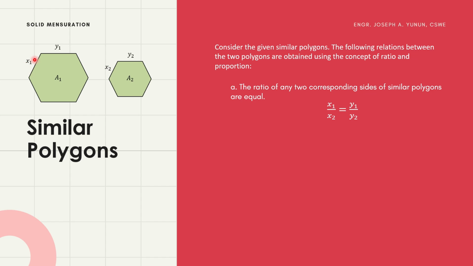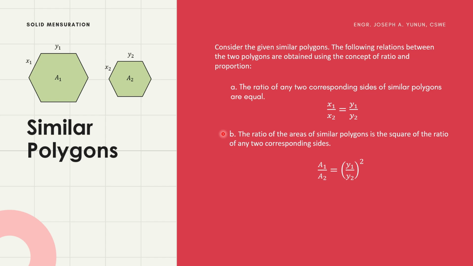Okay, so let's say x1 and x2 and y1 together with y2. So the given formula or equation is the ratio of the x side will be equal to the ratio of the y side. Okay?